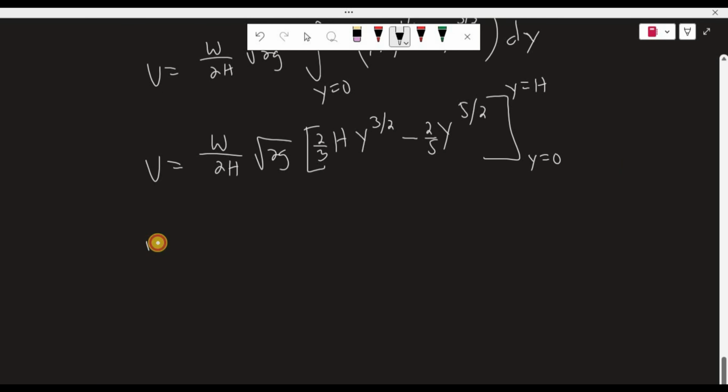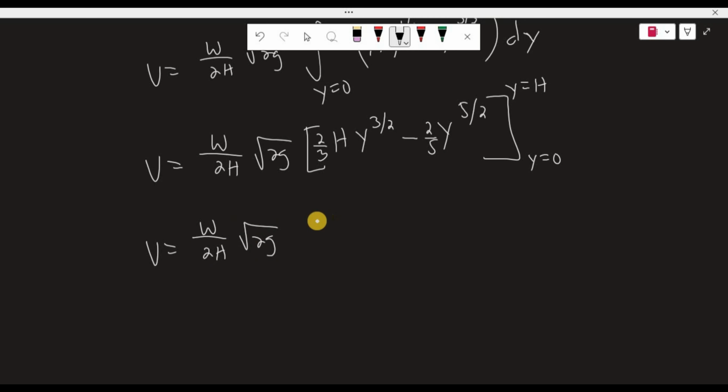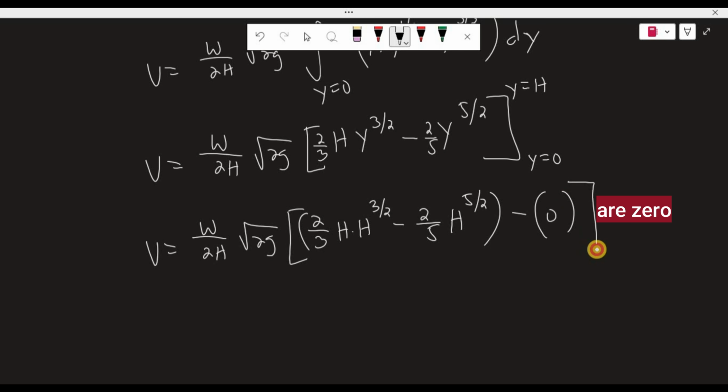So volume equals w over 2h square root of 2g, and then 2/3 h, plugging in the upper limit, h to the 3/2 minus 2/5 h to the 5/2, and then when y equals 0, then this term is 0, this term is 0, so all of those are 0.